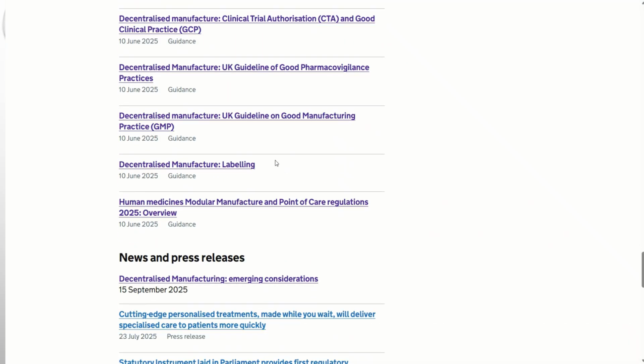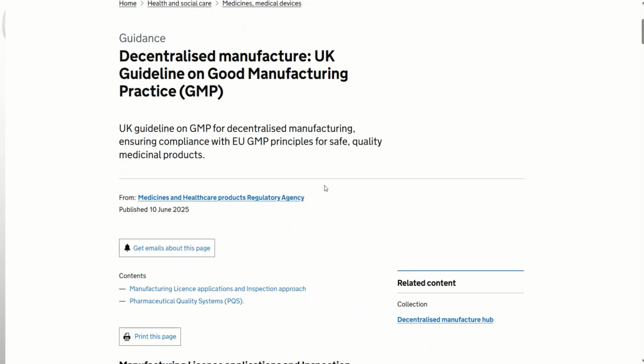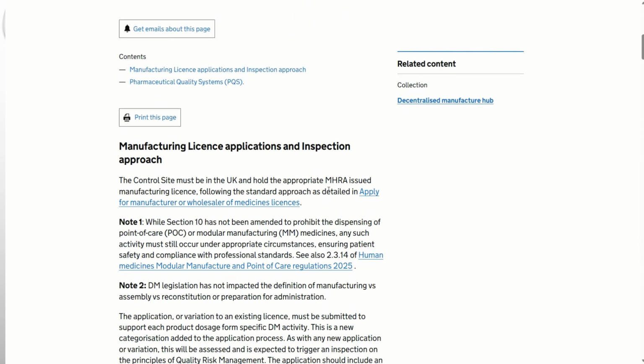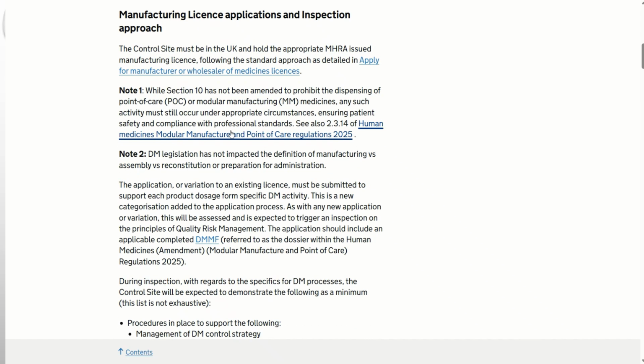And then we have the guideline on good manufacturing practice, because it's going to be specific to this decentralized manufacture. Again, it's emphasizing that it's the control site where the manufacturing license is applied or listed, not the individual hub sites.